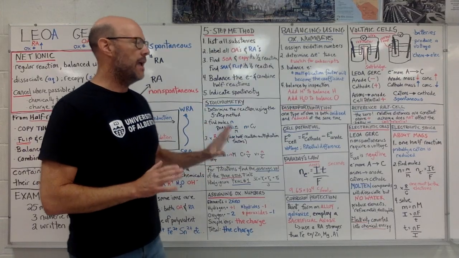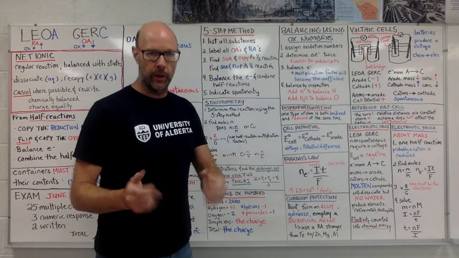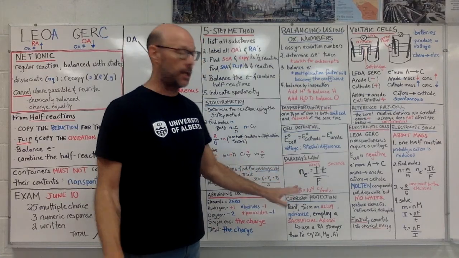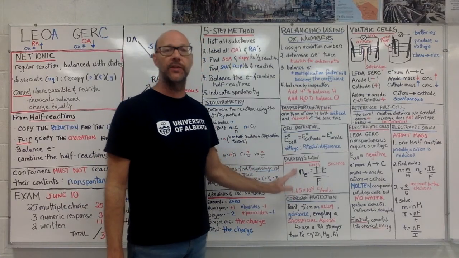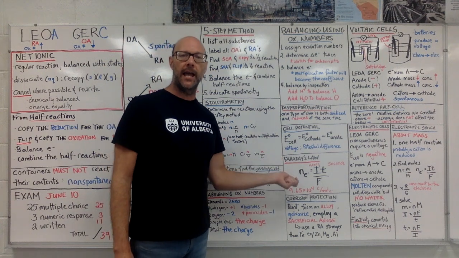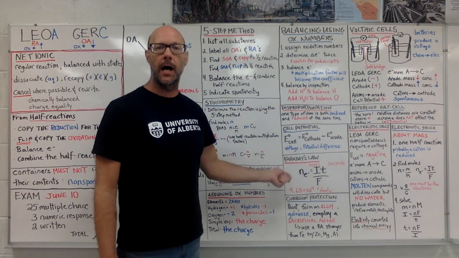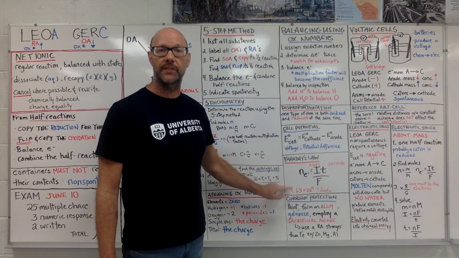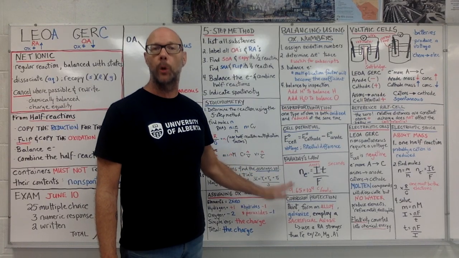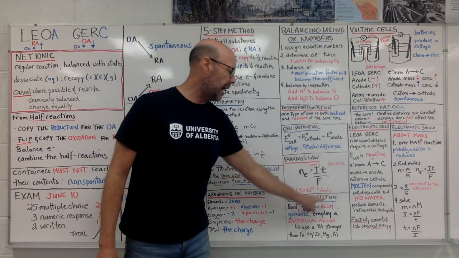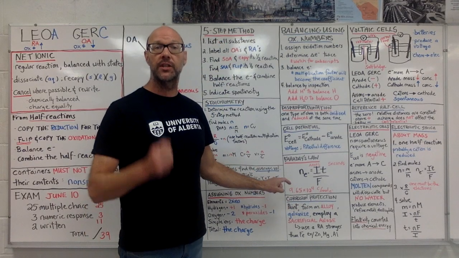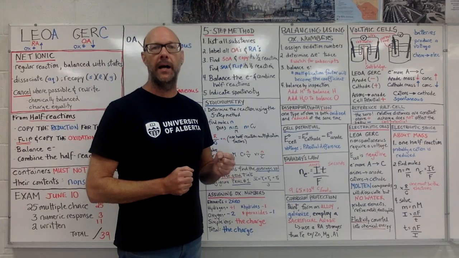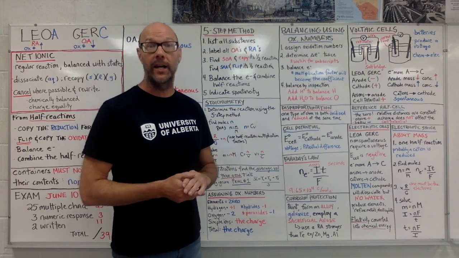If a question mentions current and time, without mentioning mass, we're going to use Faraday's law. It's the current in amps multiplied by the time in seconds divided by Faraday's constant, 9.65 times 10 to the power of 4 coulombs per mole of electron. We can find the value for Faraday's constant in the data booklet on page 3. It's there with our specific heat capacities and the water autoionization constant.